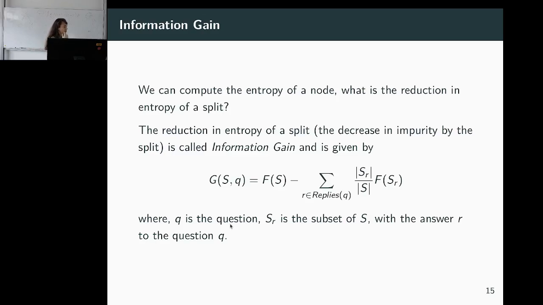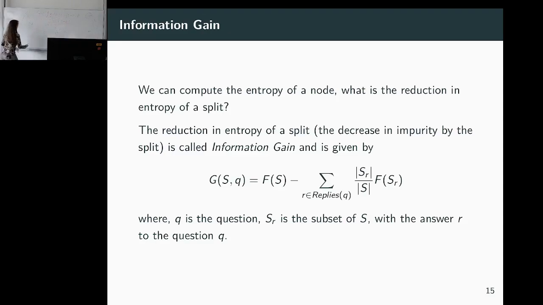If we can compute the entropy of a node, what is the reduction in entropy of a split? This reduction in entropy of the split, this minus this, is called information gain, and is given by this formula.